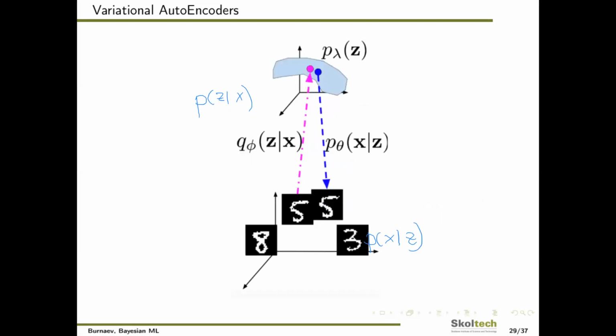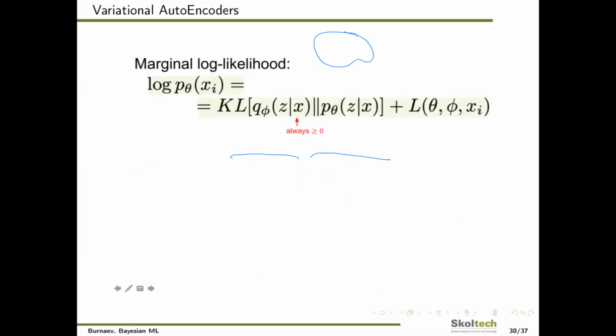So the schema is like this: we have this manifold of Z and two mappings. One mapping provides the distribution of Z given X, another provides the distribution of X given Z.